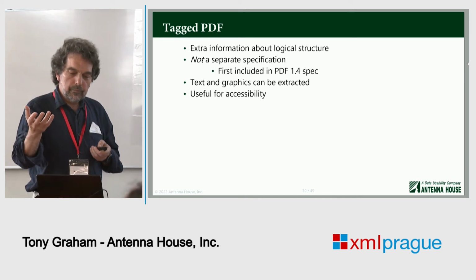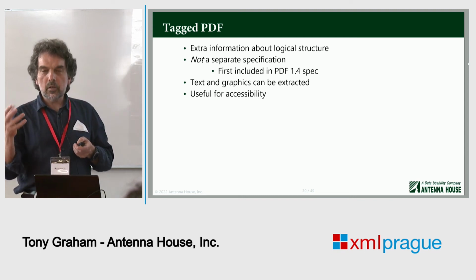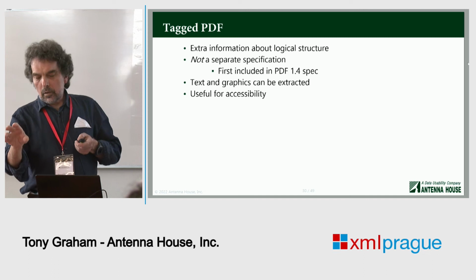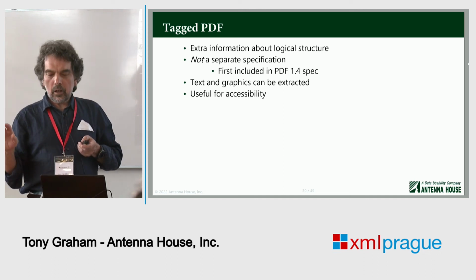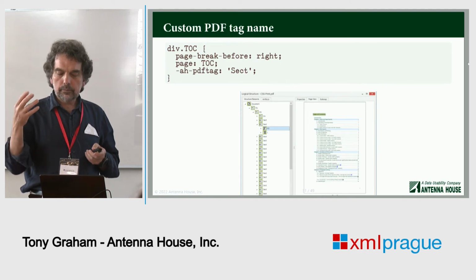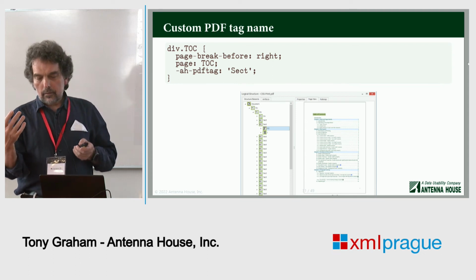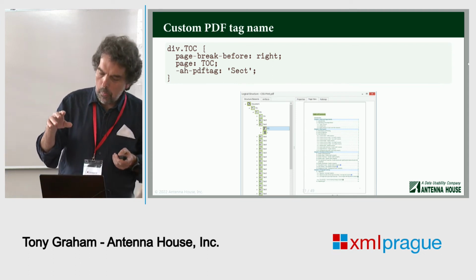And tagged PDF is also the first step towards accessible PDF, because you have this logical structure which a screen reader can use to present the information to assistive technology.